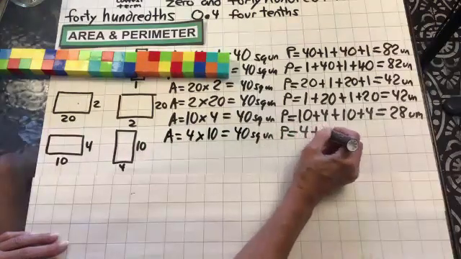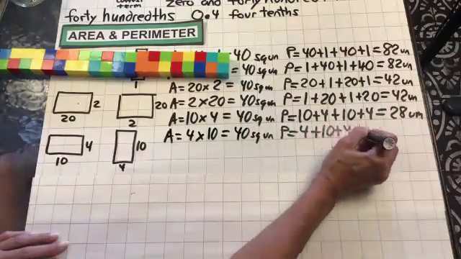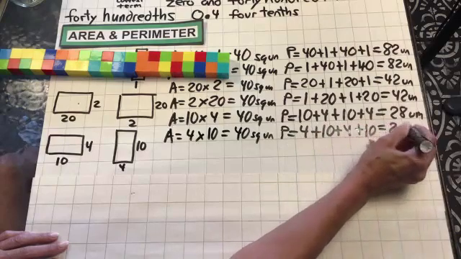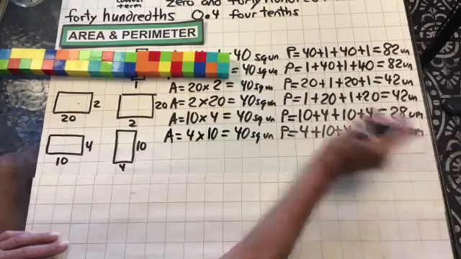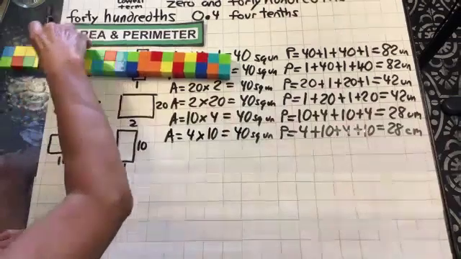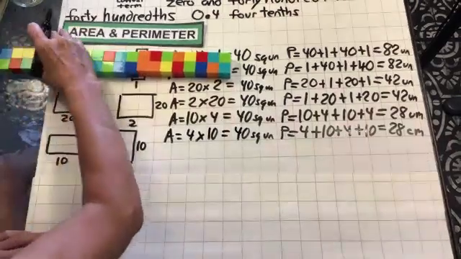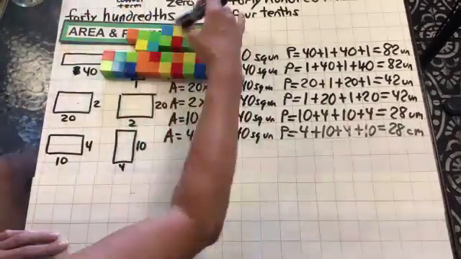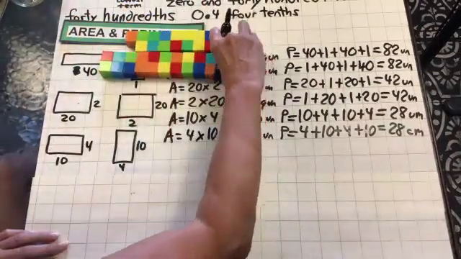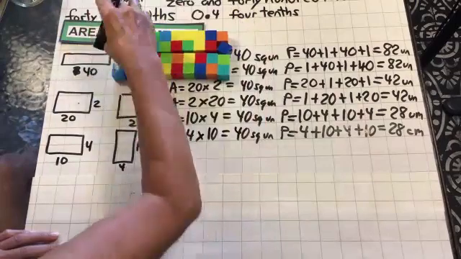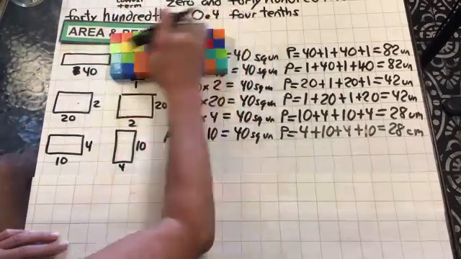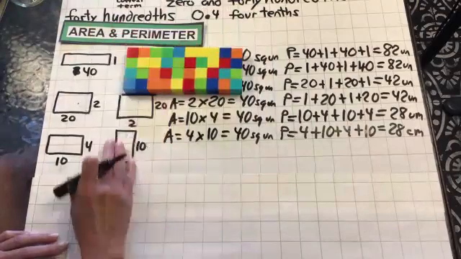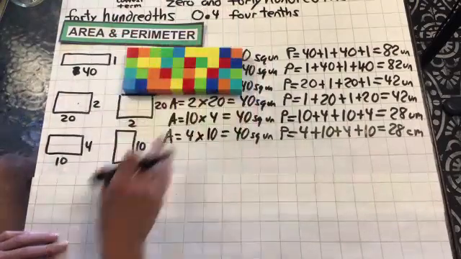So this would be 4 plus 10 plus 4 plus 10. All right, so there we go. Let's get this show on the road. I want you to be able to see it, to believe it. So there we go. That's what we are working on right now. 10 by 4.